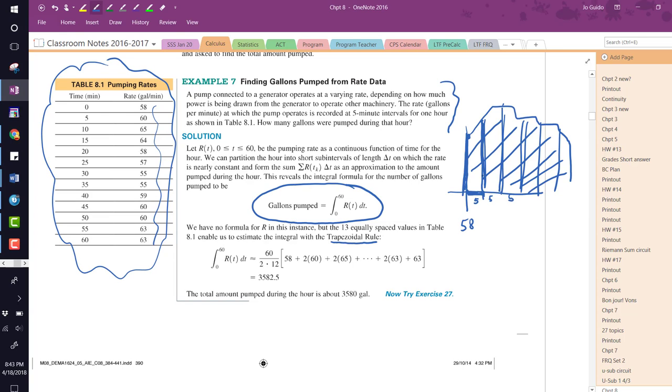And then the height of the other base of the trapezoid is 60, but then remember that 60 is going to get used in the second trapezoid. So what ends up happening when you use the trapezoid rule is that the very first number in your data and the very last number in your data only get used singly, but all of the numbers in between end up getting multiplied by 2.